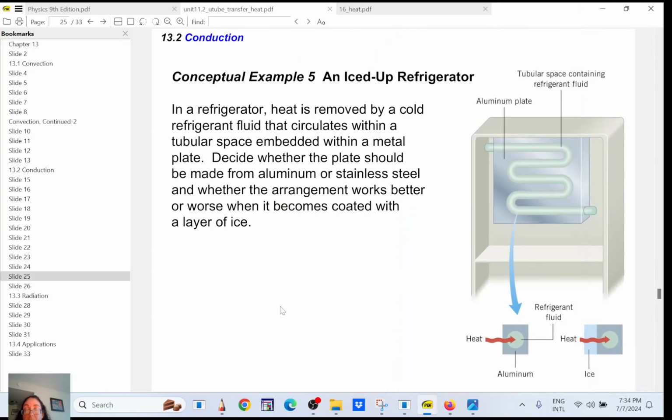So this is a conceptual question that also comes from your book. So we already talked about a fridge, the way it works. So you have a fluid circulating inside, and there is convection, but it's called forced convection because by doing work, you're taking the warmth from inside the fridge and dumping it outside.